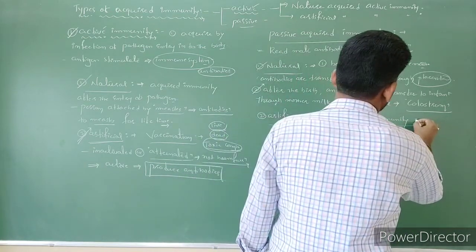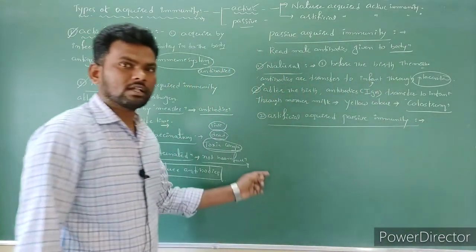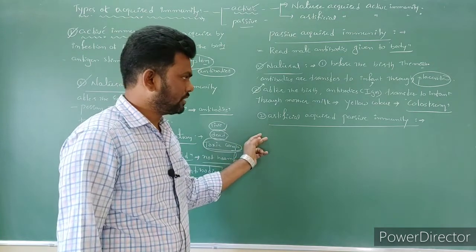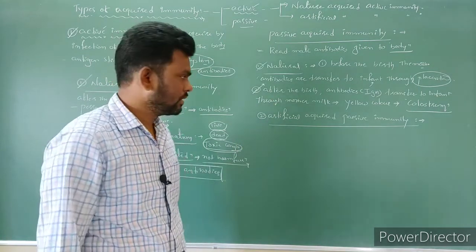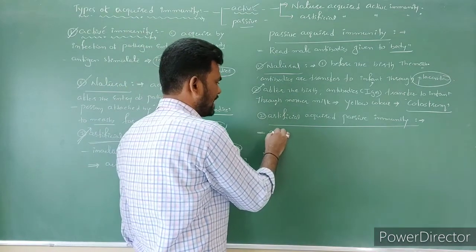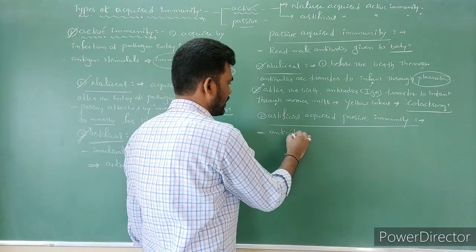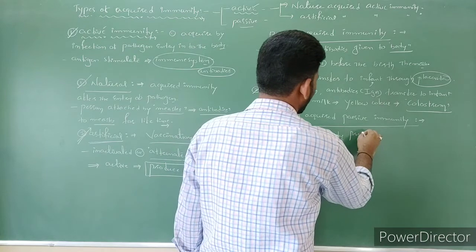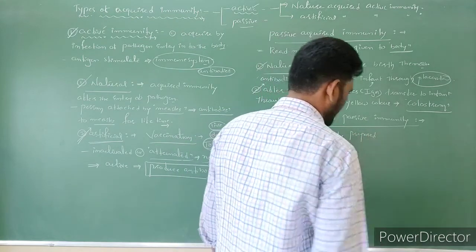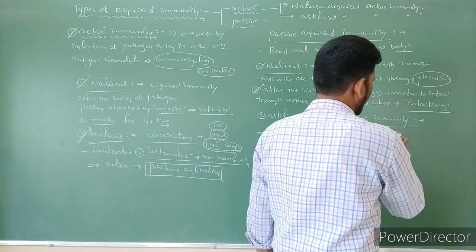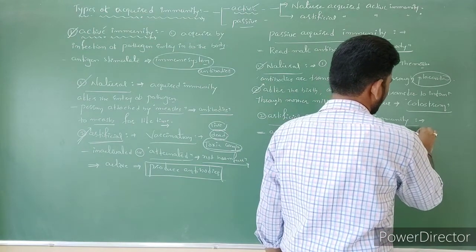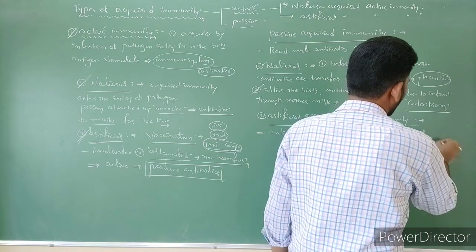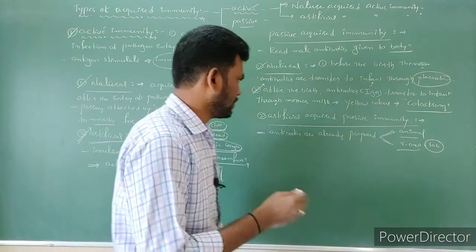Here also we transfer ready-made antibodies to a person. But in this case, the antibodies are already prepared. They may be prepared from another animal, or by using rDNA technology, or prepared artificially in the lab.